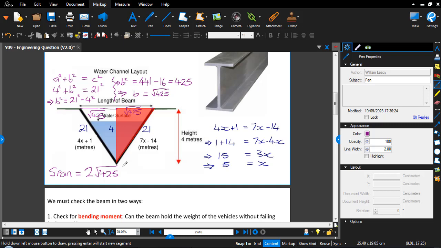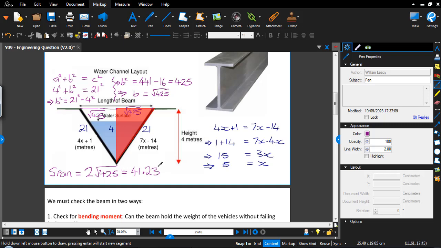I have a calculator that I haven't used in a really long time. So we're going to do 2 times the square root of 425. What I'm getting here is 41.23. I'm just going to go to 3 decimal places because that's millimeters, right? This is meters. You go to 3 decimal places, you go to millimeters.